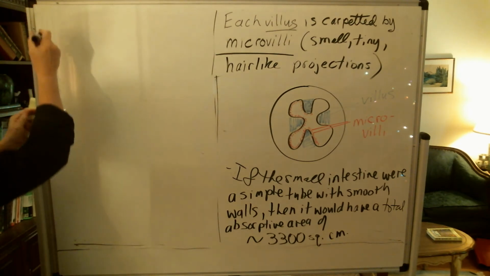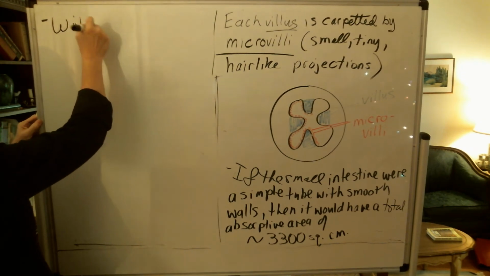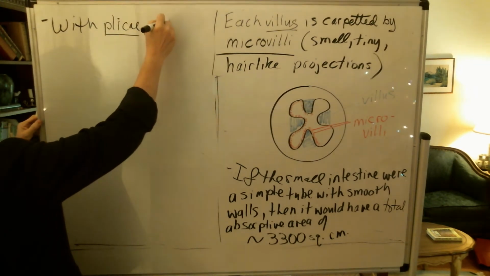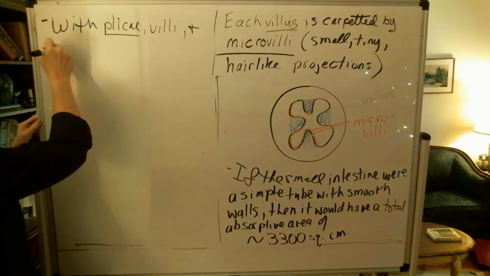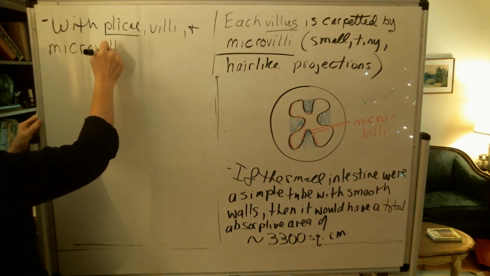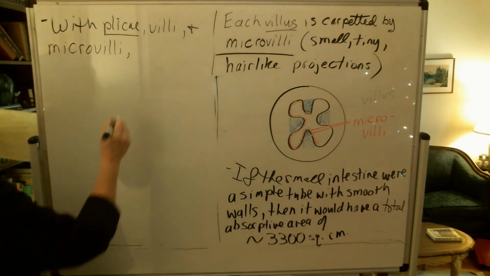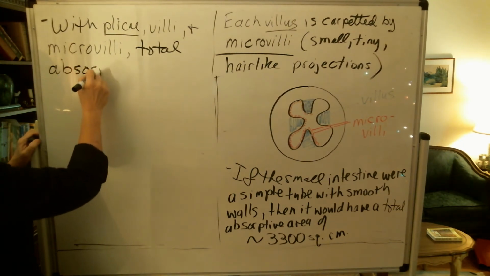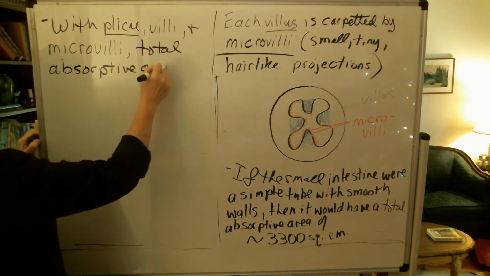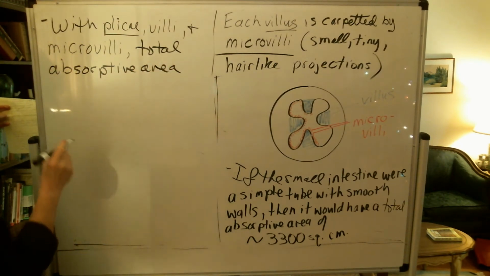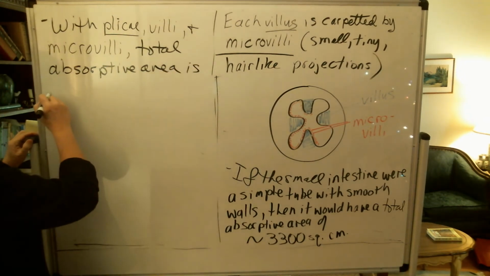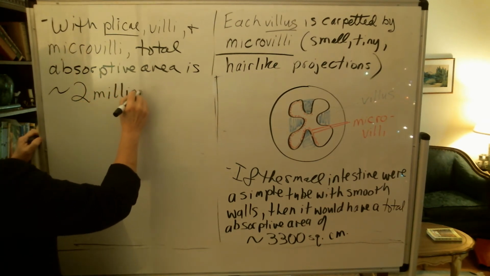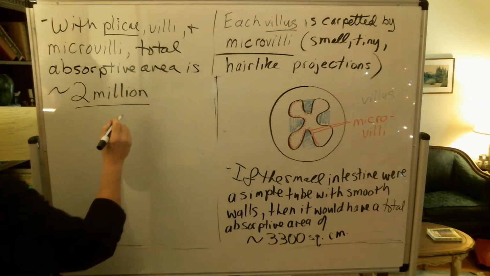So then, by contrast, with the plicae, villi, and the microvilli, the total absorptive area instead is approximately 2 million square centimeters.